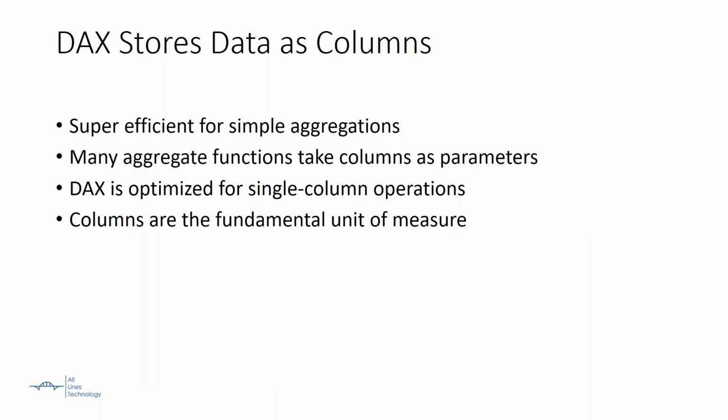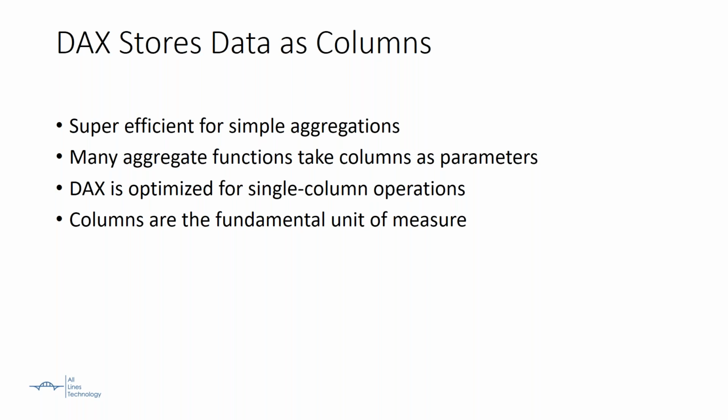Well, the DAX engine stores data as columns. And so this is really, really efficient for simple aggregations because it only needs to look at just a couple of those columns. Many of these aggregate functions take in columns as parameters. And more so, DAX is optimized for single column operations. So you're going to see a lot of functions that only take in a single column.